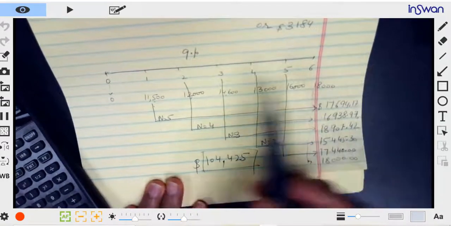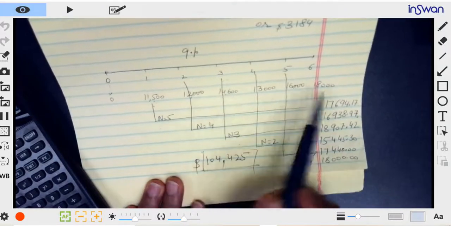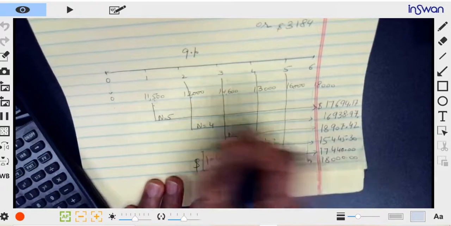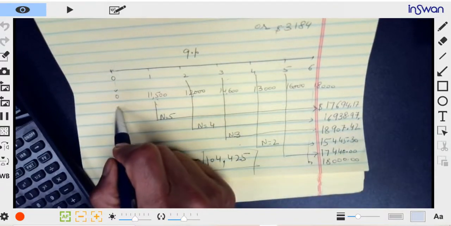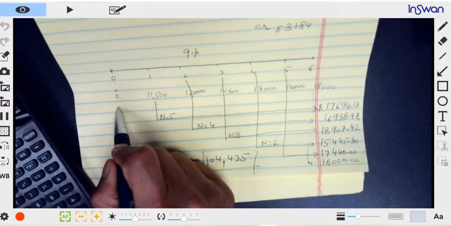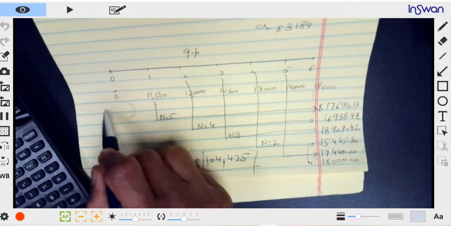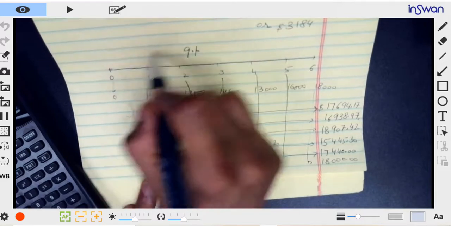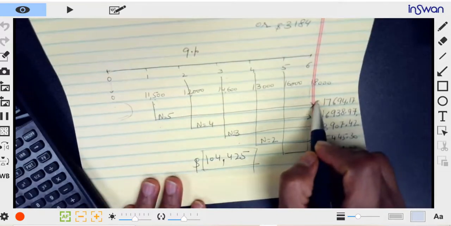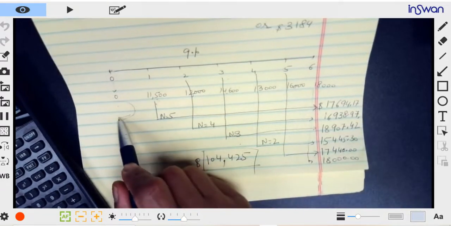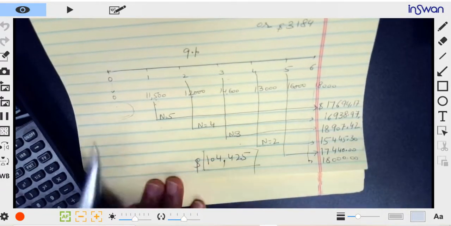Net present value would give us the total present value of all those cash flows at this point. But since we need the future value, whatever present value we got here, we can always go forward and get the future value of this one lump sum payment. Let me show you how we will do it.